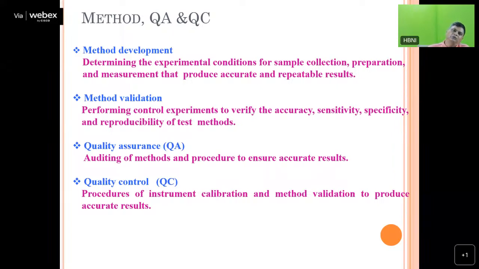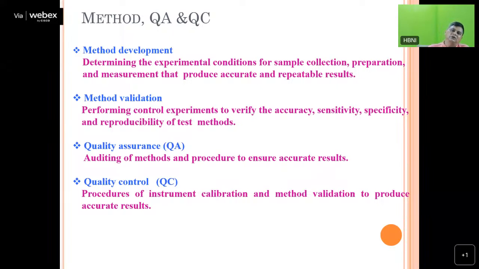There are two important terms: quality assurance and quality control. They have different meanings. Auditing of method and procedure is termed quality assurance, whereas quality control is the procedure of instrument calibration and method validation to produce accurate results.